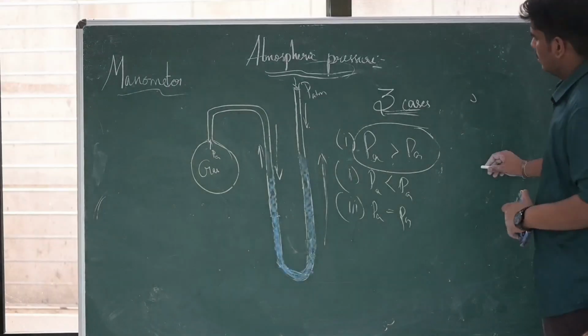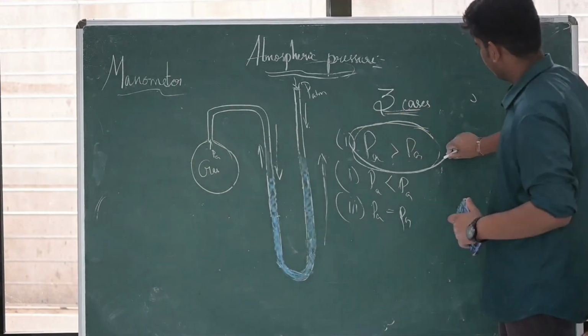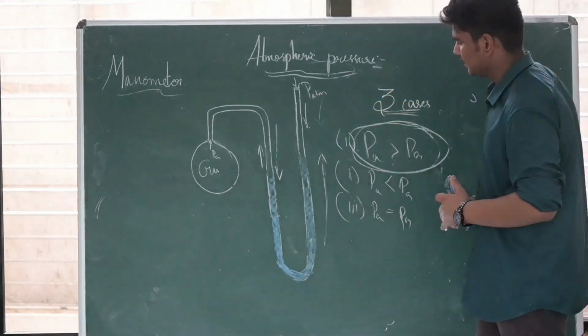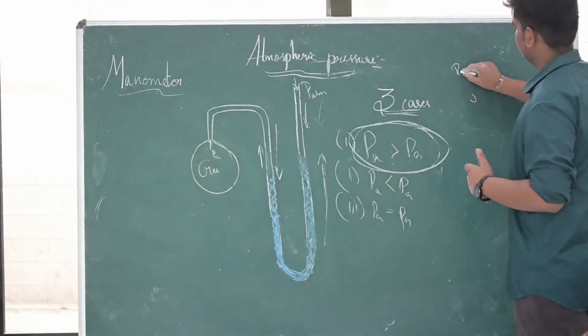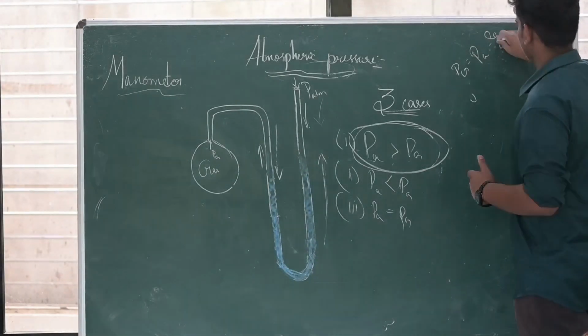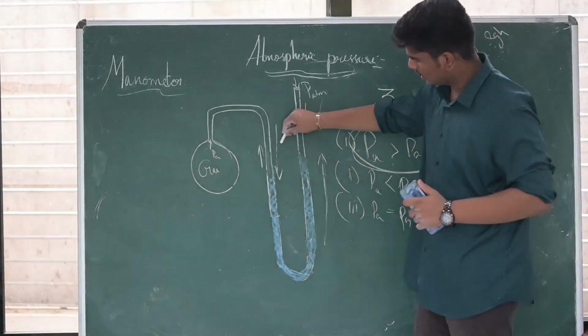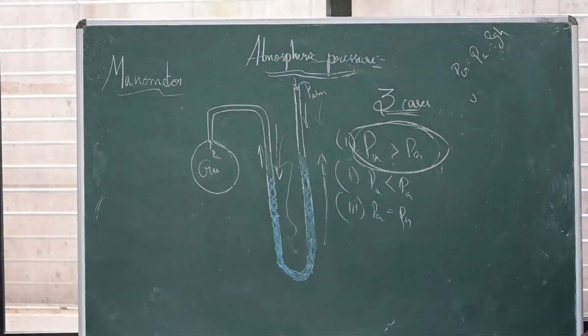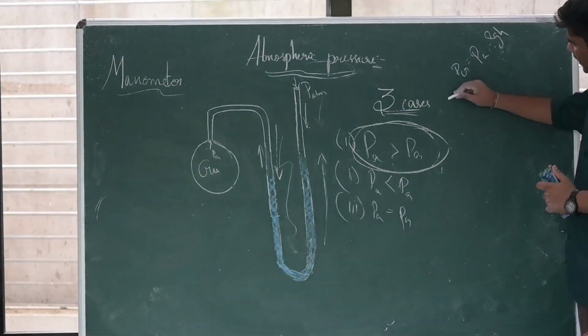Now when pressure of atmosphere is greater than PG, PG is equal to PA minus rho GH, the liquid column's height term subtracted from pressure of atmosphere gives you pressure of gas. And in the second case, what will happen?